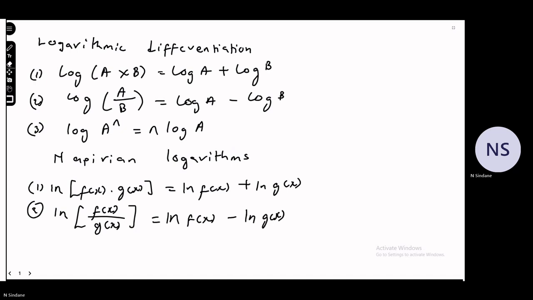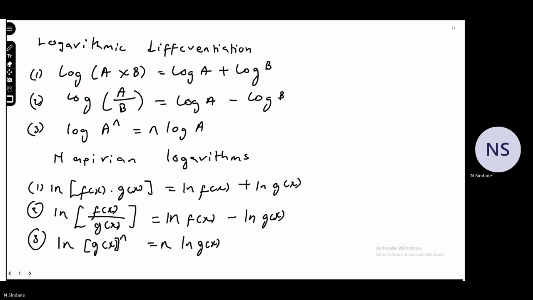Thirdly: ln of g of x to the power n is similar to n ln of g of x.